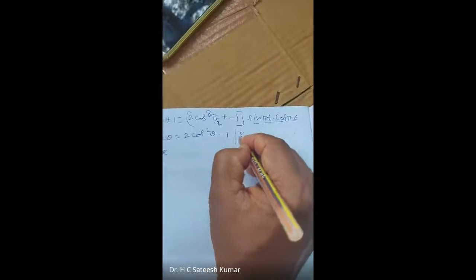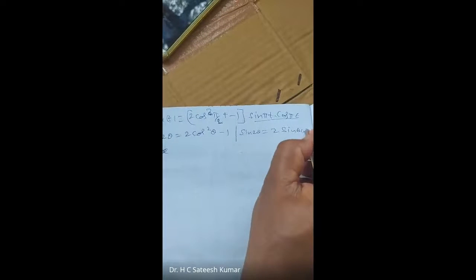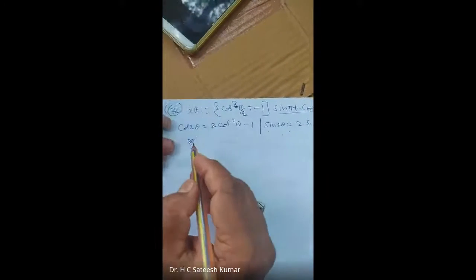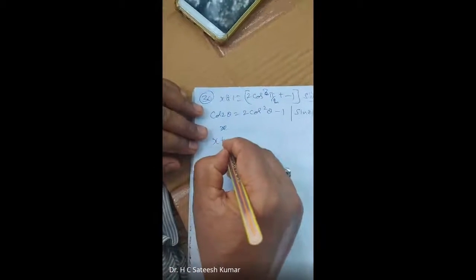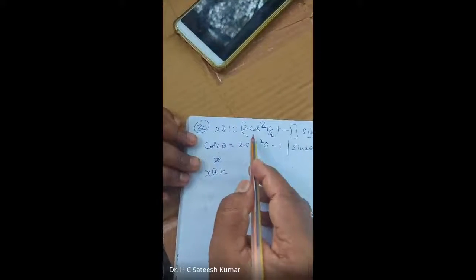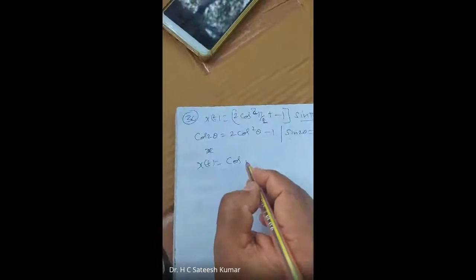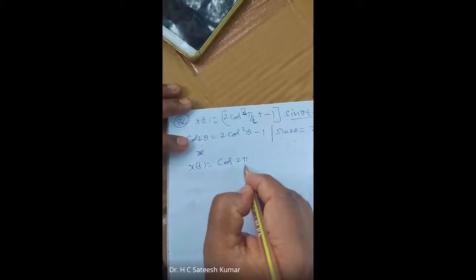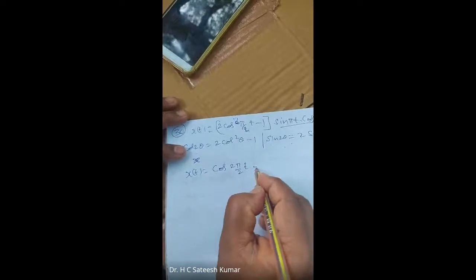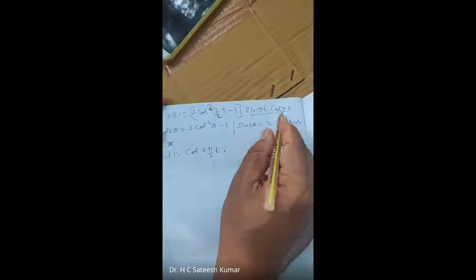Sin 2 theta, we all know that sin 2 theta is equal to 2 sin theta cos theta. Therefore, sin theta cos theta is sin 2 theta by 2. So now we can write x of t is equal to, in this place we can write cos 2 theta, that is 2 into pi by 2, theta is pi by 2 t, into sin 2 theta formula: sin theta cos theta is sin 2 theta by 2.